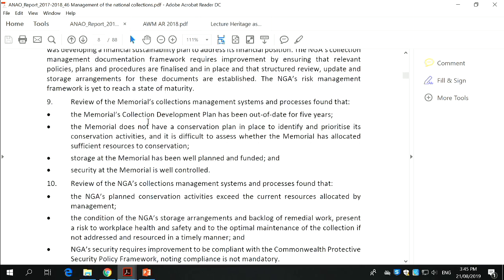So you talk about the collection management systems, and some areas that might require improvement, such as their collection development plan, which has been out of date for 5 years, and they do not have a conservation plan in place to identify and prioritize their conservation activities. You can see conservation, the development plan and storage are important.